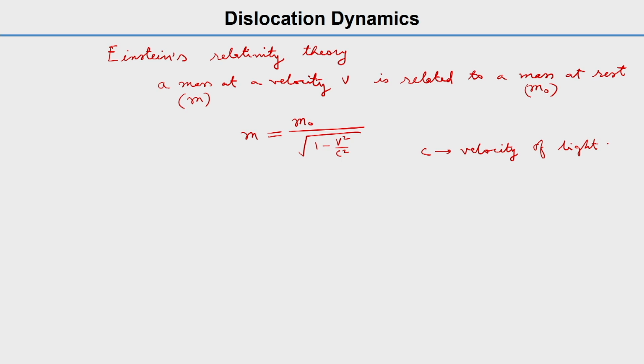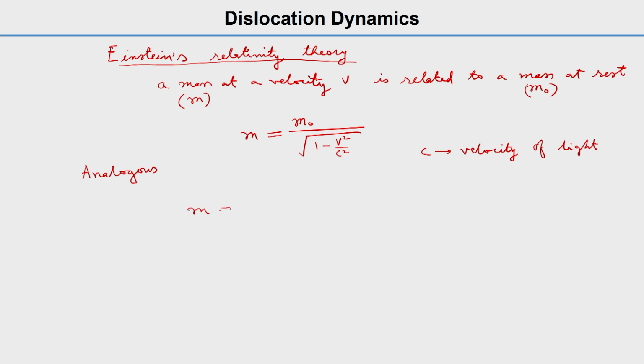So if the velocity of the mass approaches the velocity of light, the mass m will be kind of infinity. That's Einstein's relativity theory. Our dislocation velocity is also very analogous to it.